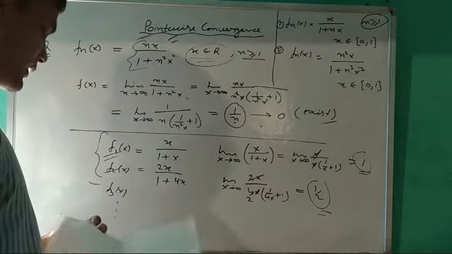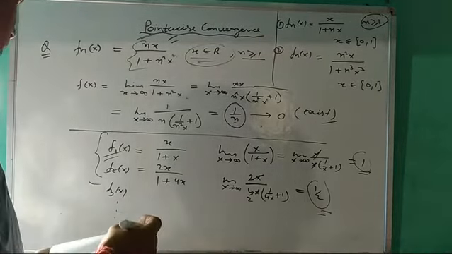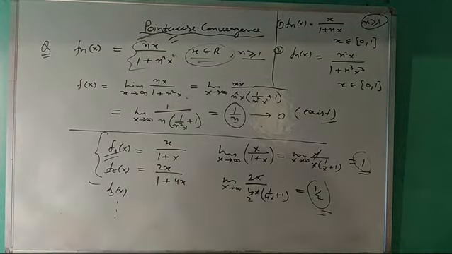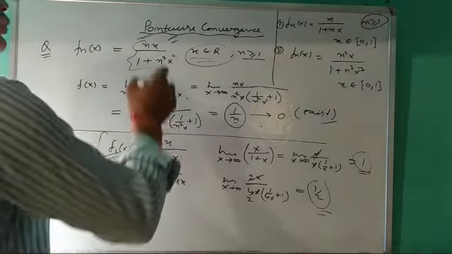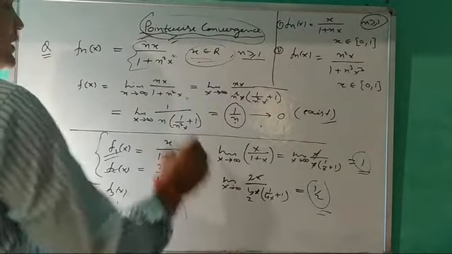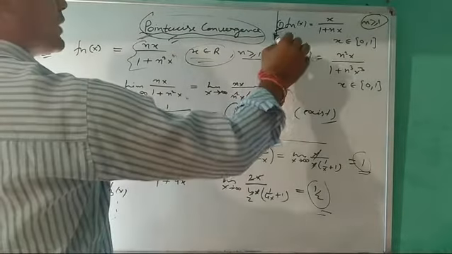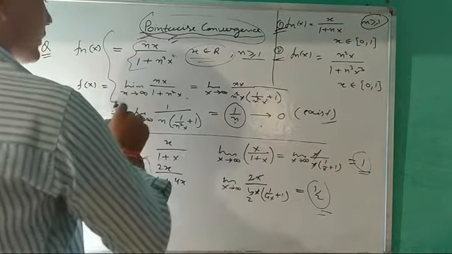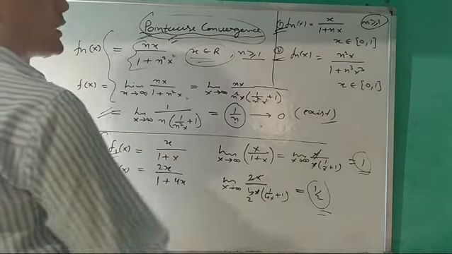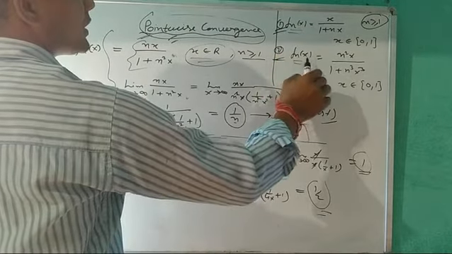So these are two examples for understanding the pointwise convergence of a sequence of functions. Just solve these examples with the help of this example and find the pointwise convergence.